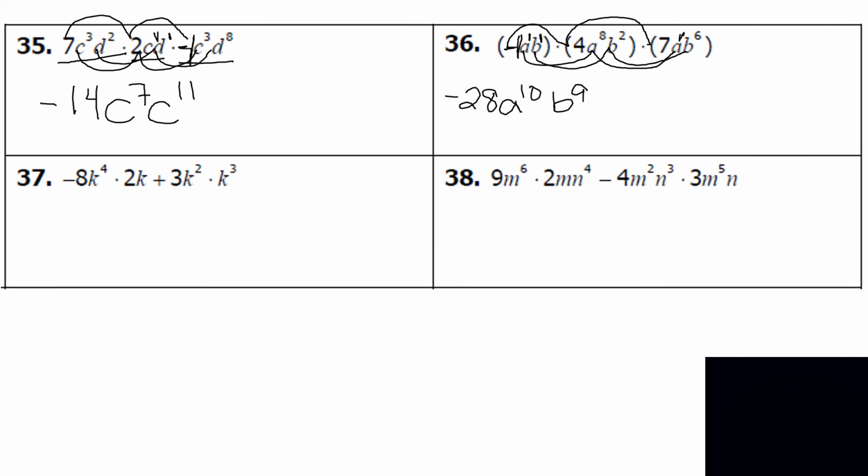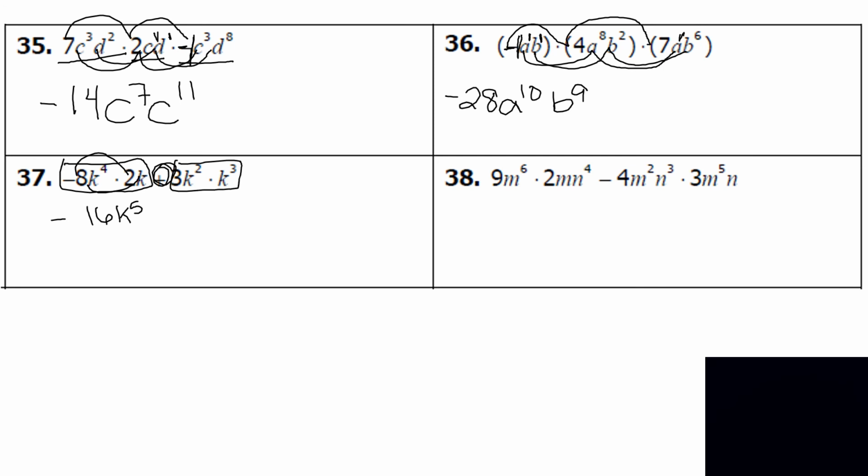All right, if you notice here, I have a plus sign here. So all I'm going to be multiplying is negative 8k to the 4th times 2k. Negative 8 times 2 is negative 16. And then k to the 4th times k to the 1st would be k to the 5th. Now I have 3k squared times k cubed.